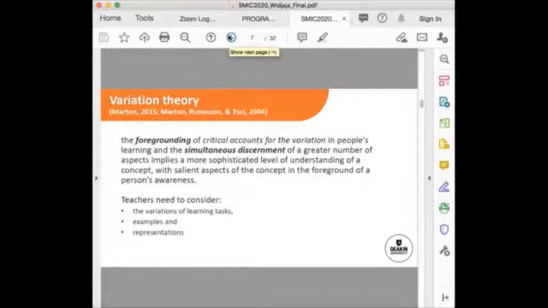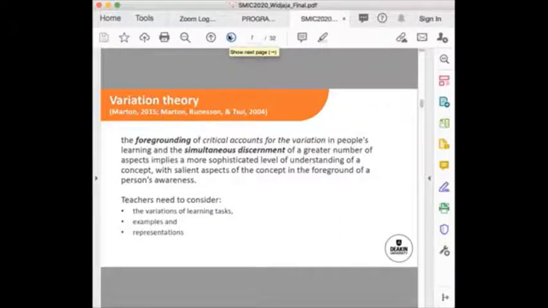For this particular project, we actually use variation theory. Many of you probably are aware of variation theory by Ference Marton and colleagues. According to variation theory, it foregrounds critical aspects, accounts for variation in people's learning, and looks at the simultaneous discernment of different aspects involved and the level of understanding.